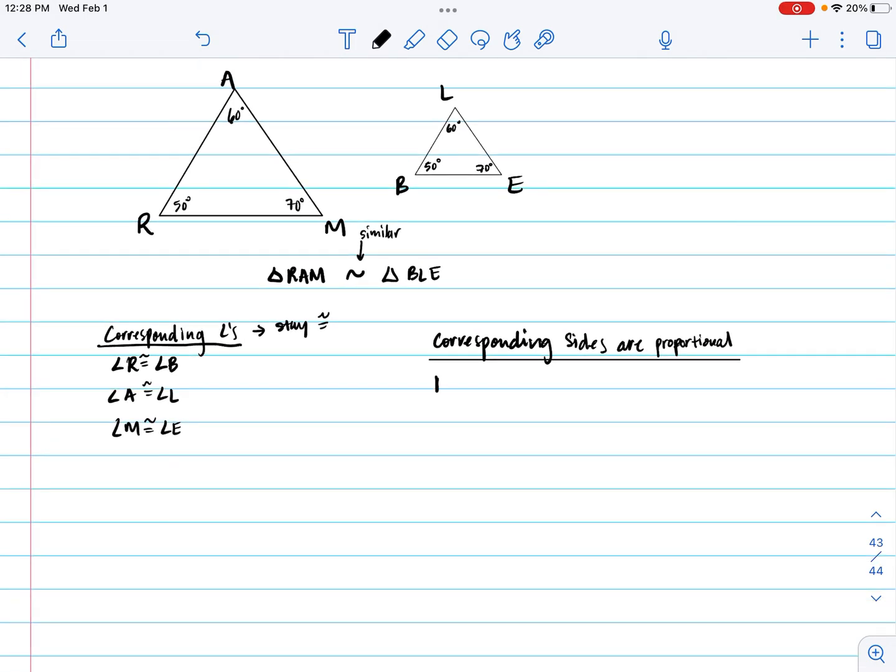So if you took it, for instance, RA is not congruent, but it's similar to BL, okay? You could also follow through. RM is going to be similar to BE, they correspond, and then AM corresponds to LE. Wow, too many lines. So, being able to identify corresponding parts is just as important here as it was before.